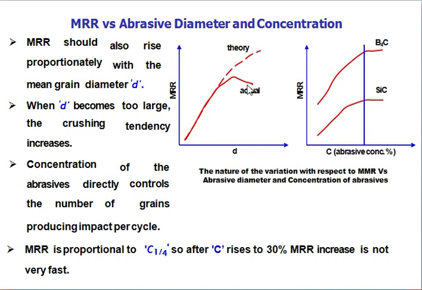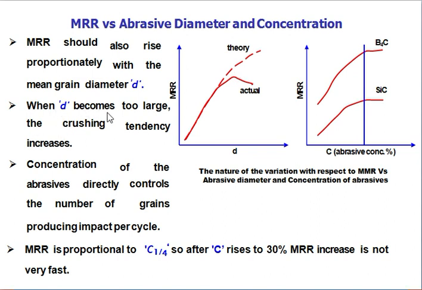If I talk about the MRR versus the concentration of abrasive, you can see it is increasing for boron carbide also, for silicon carbide also. So the conclusion from these two figures is that MRR should always rise proportionally with the mean grain diameter, that I have already told you.